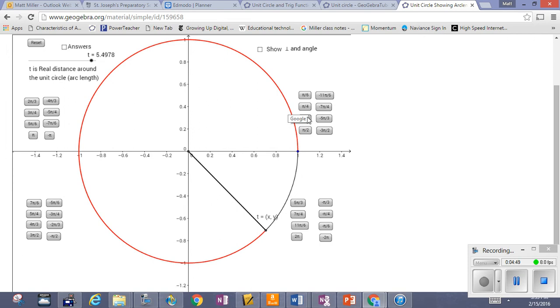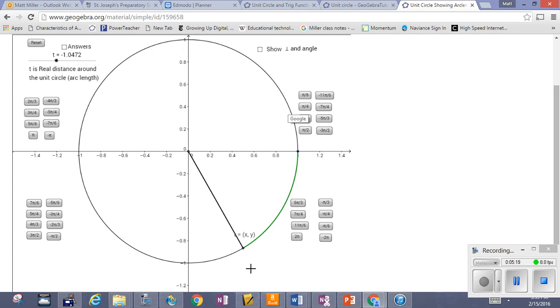Pi over 3 references include pi over 3, 2 pi over 3, 4 pi over 3, and 5 pi over 3. All these can be looked at, and we could look at the negatives.